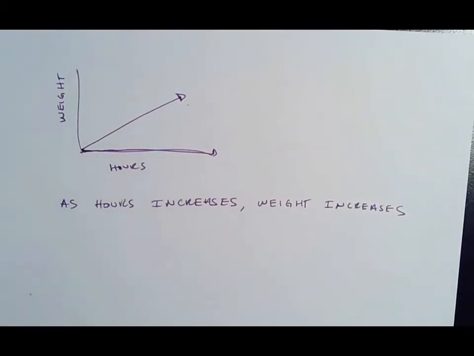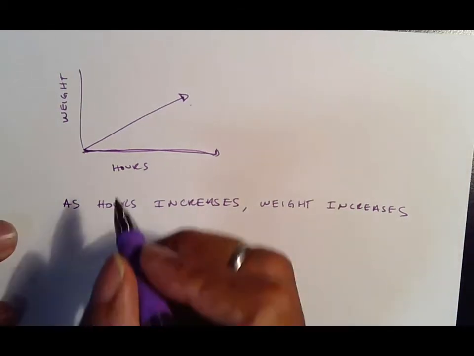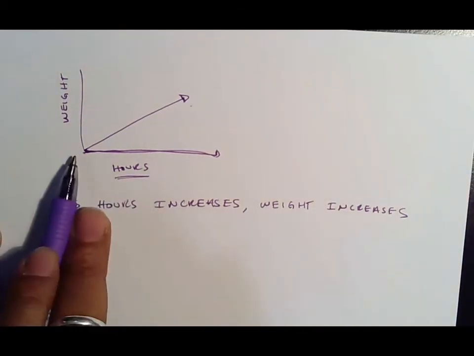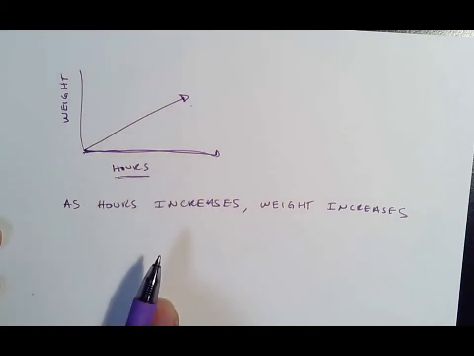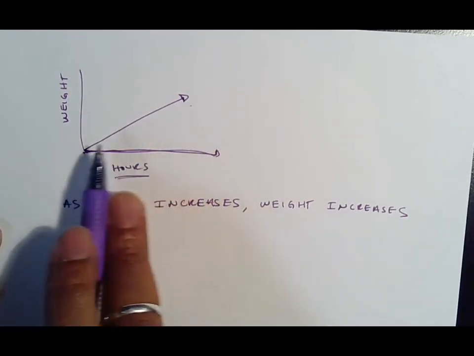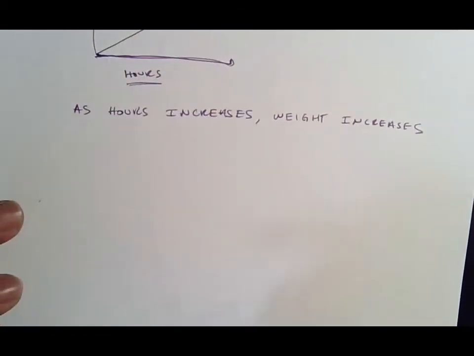So that will be one thing you have to actually type into your computer as a sentence. Not all caps, of course. I think you can get away without capitalizing anything at all, just as long as you have as hours increases, weight increases, because some of you are going to put the wrong variable first. You will always start with your independent variable, because your independent variable will always go forward. So as hours increases, weight increases would be one of the ones you'll see.